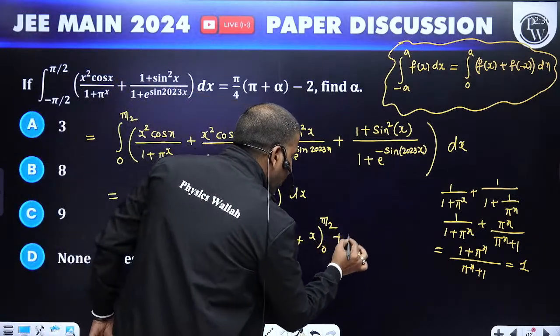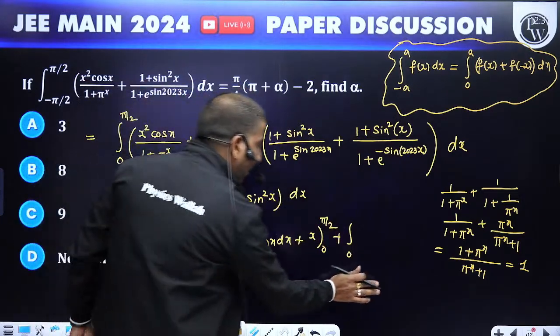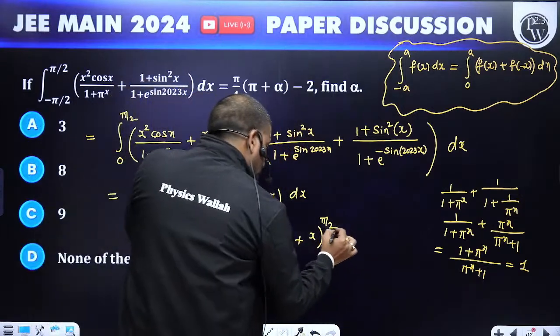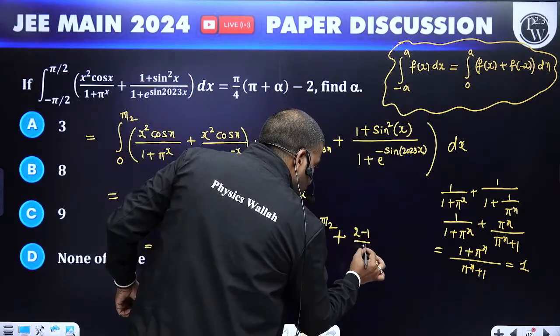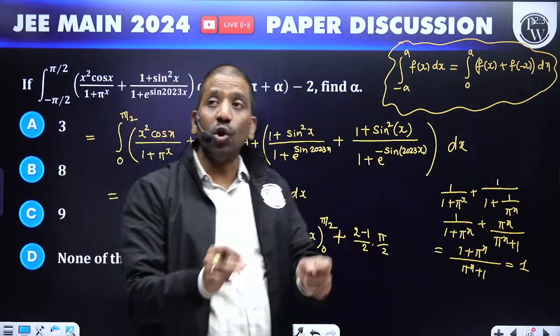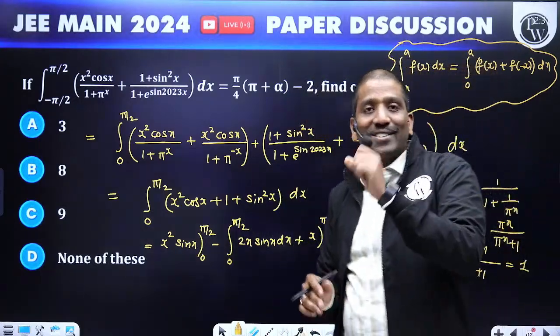Sin square x integration we don't write directly; from 0 to pi by 2 you can write it directly using the values formula. So what we can write is 2 minus 1 by 2 times pi by 2, since we learned 0 to pi by 2 sin power n x dx, 0 to pi by 2 cos power n x dx.